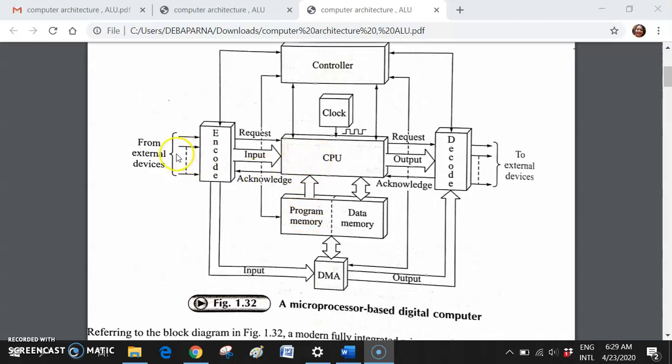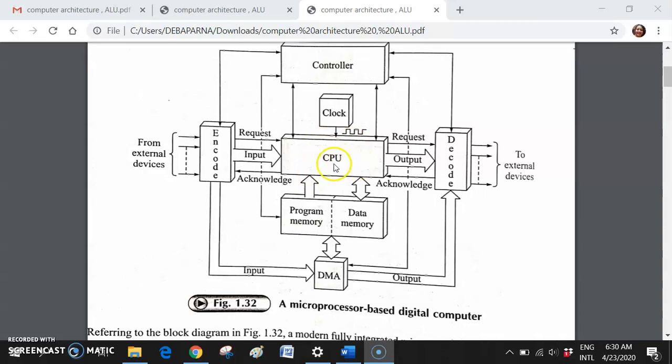Whenever the user runs a program, what will the CPU do? The CPU will read the program line by line and execute the instructions. It will read an instruction, execute it, then fetch another instruction and execute that one. In this way it will proceed.